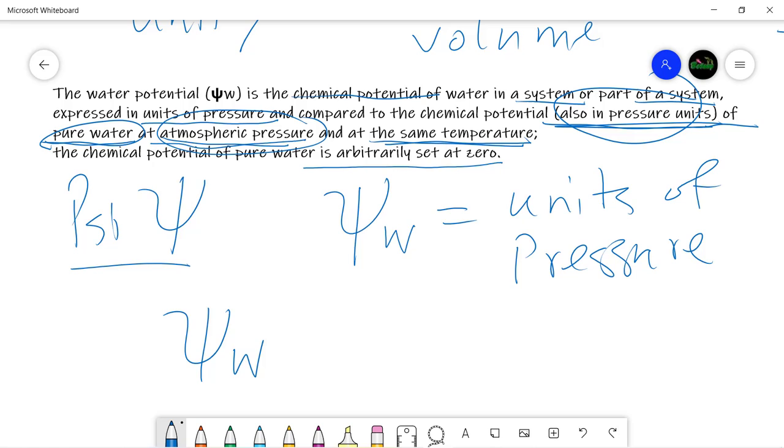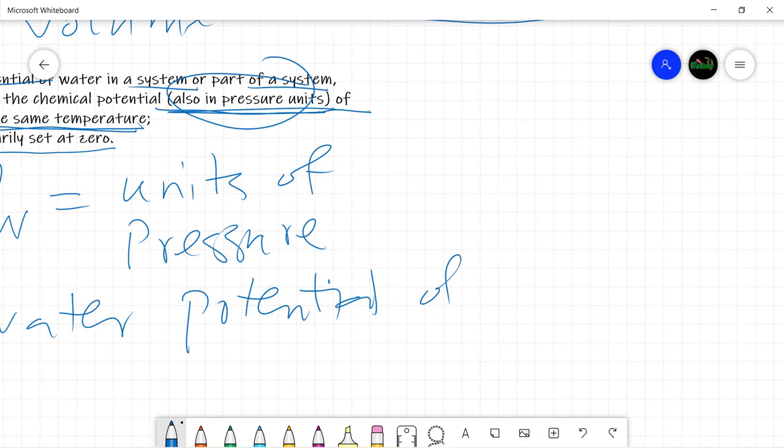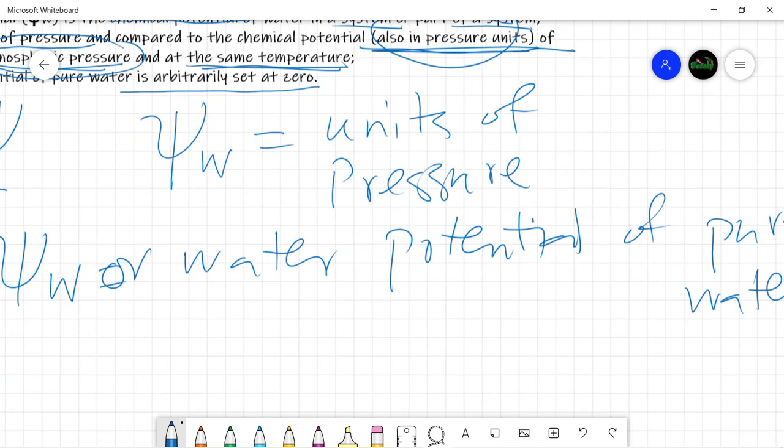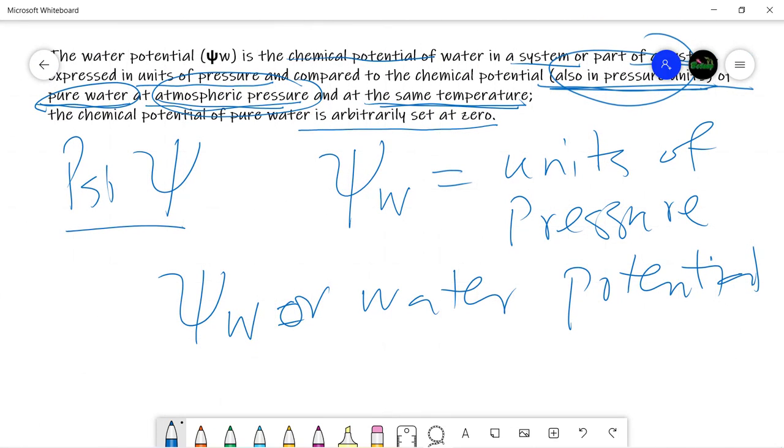So psi w of pure water is equal to 0. Now this is a very handy expression as far as this 0 value is concerned, that psi w, the pure water potential, is equal to 0, and it helps us a lot when we consider the problems of water potential in cells, or when we separate two solutions through a semi-permeable membrane.